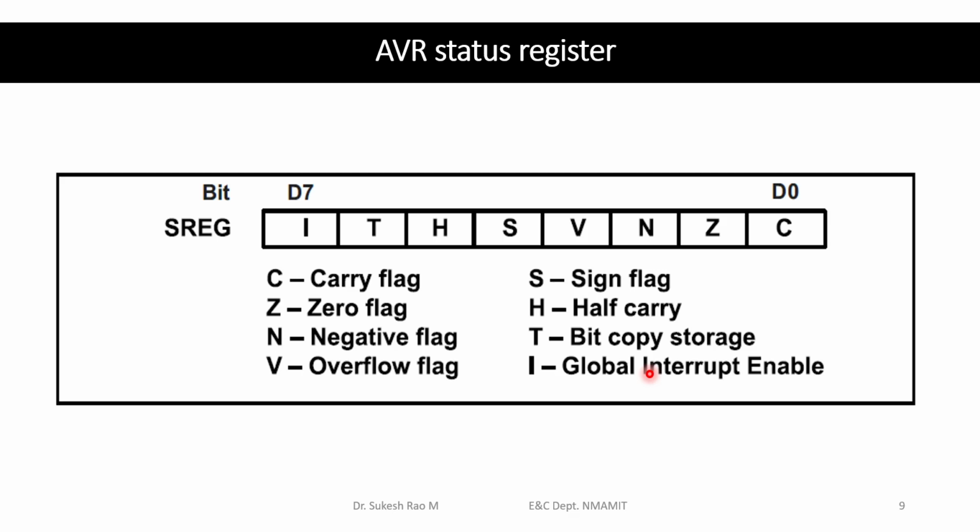So let me take you through each one of these flags once. What does it mean? Let me start with the carry flag. How does it get affected? The carry flag is affected whenever there is a carry over from the 7th bit. For example, if you are adding certain numbers, let me take up an example.